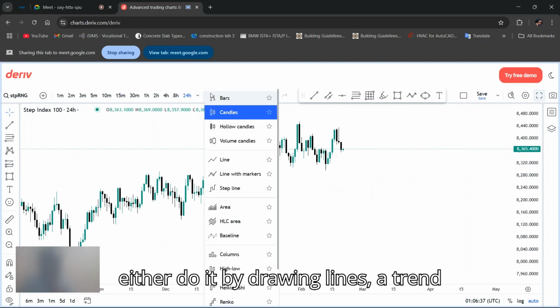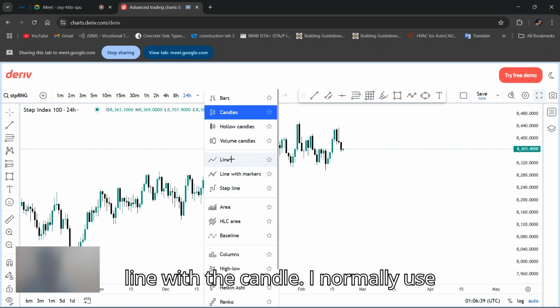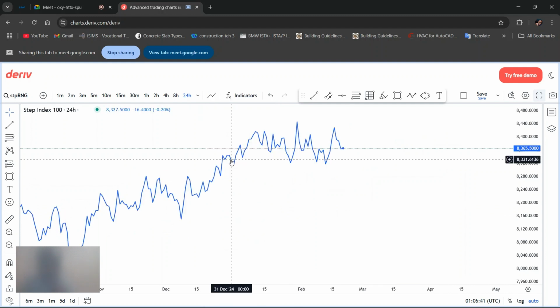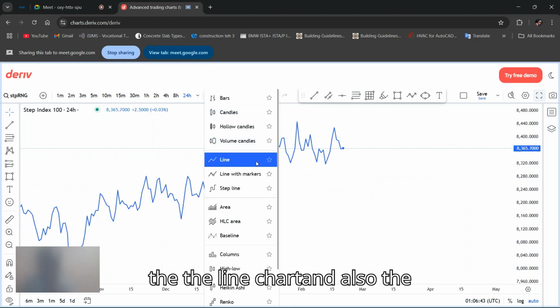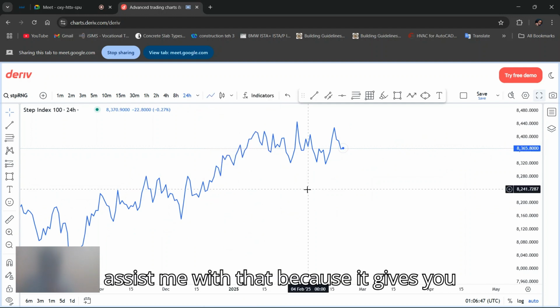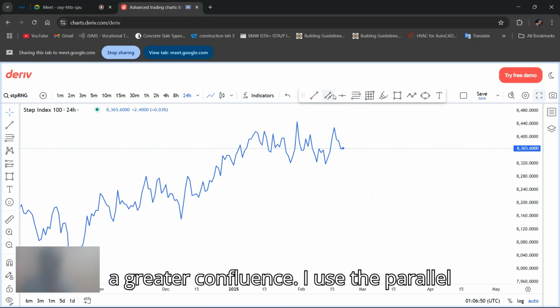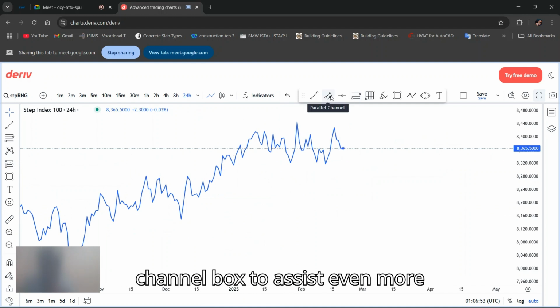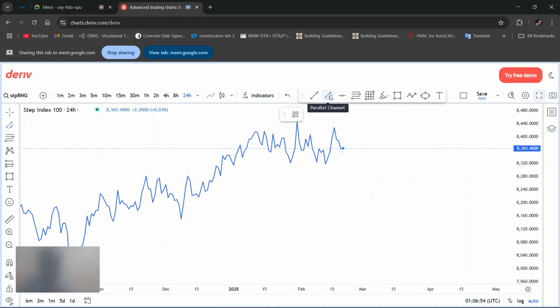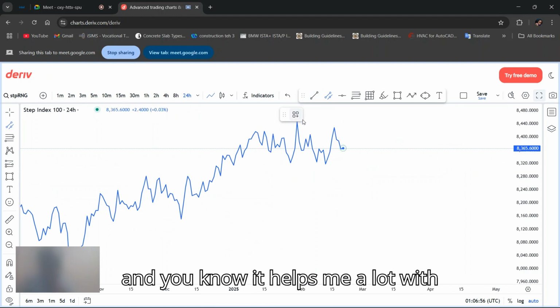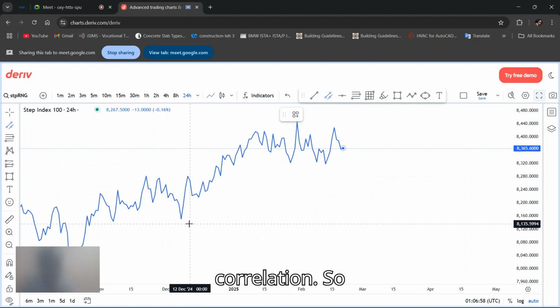You can draw a trend line with the candles. I normally use the line chart and also the candlestick chart to assist me with that because it gives you a greater confluence. I use the parallel channel box to assist even more, and it helps me a lot with correlation.